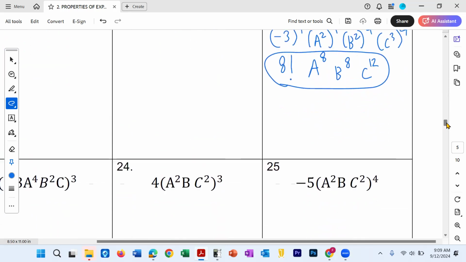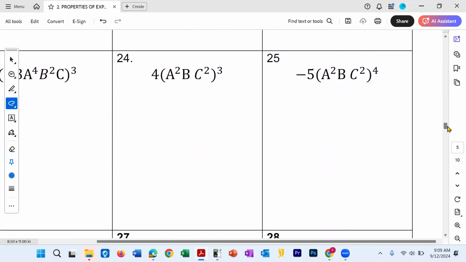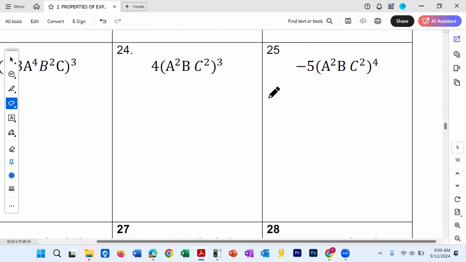From here, let's move to 25. Now here, I got this exponent 4. It's outside of parentheses. How many factors is the 4 being applied to? 3? Well, what about the -5? Does it apply to the -5? Yes or no? Why not? You got it. If it's outside of parentheses, it doesn't apply.